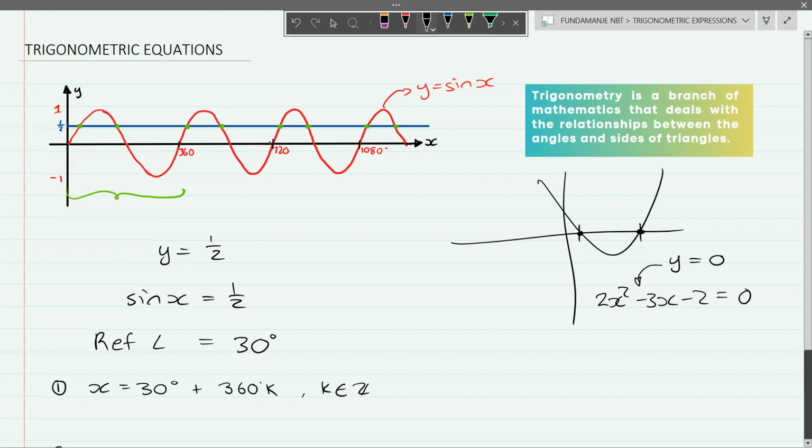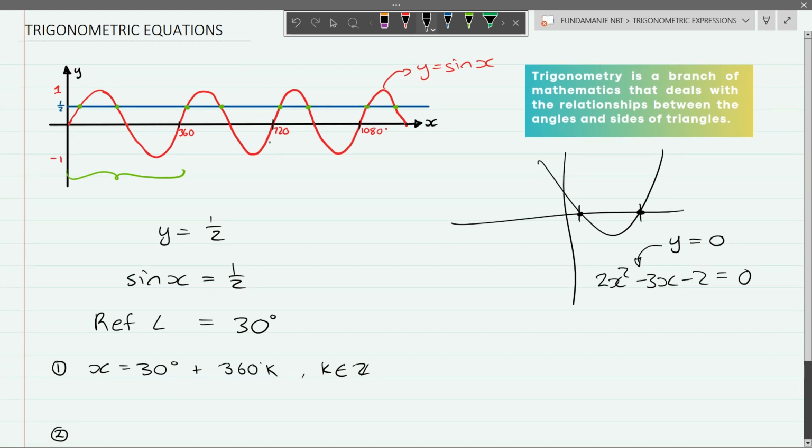So what does this statement say? It's saying that here it's 30 degrees, but this is going to repeat after every 360 degrees. So the next point is going to be here at 390. That's when it's going to happen again.